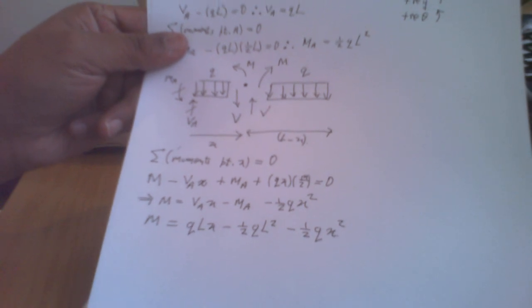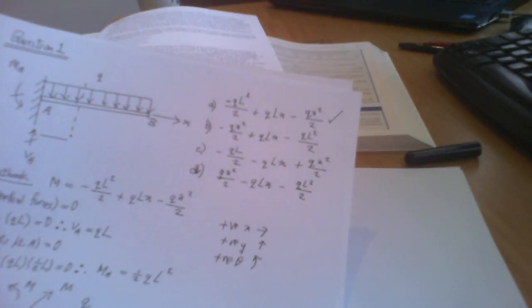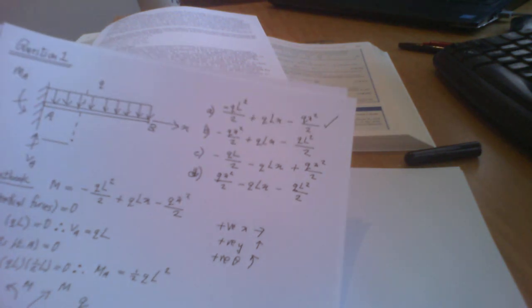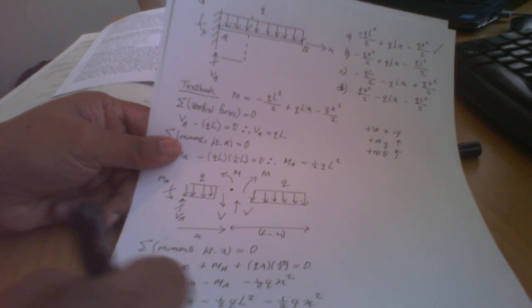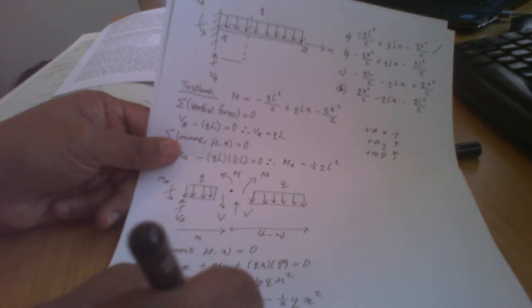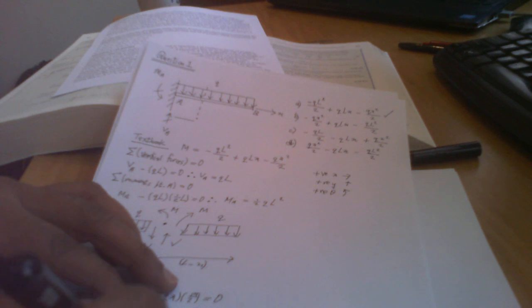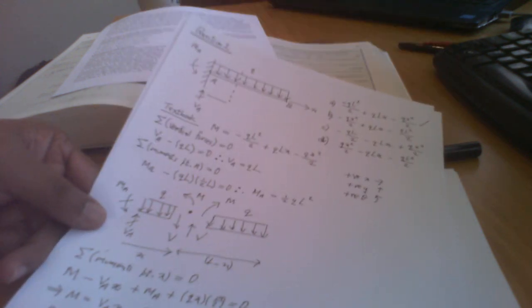Therefore, the correct answer would be option A. So the answer is M of x is equal to minus a half QL squared plus QLx minus a half Qx squared. And that is the answer for question 1.